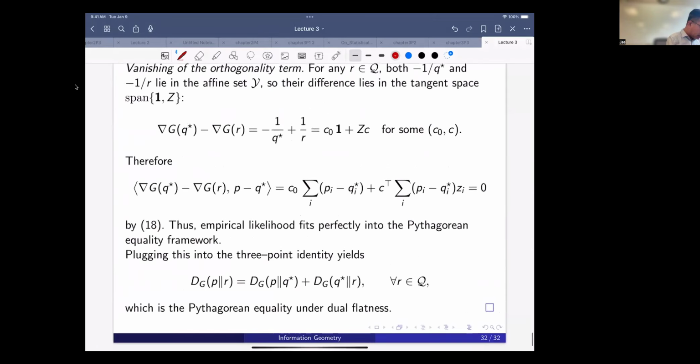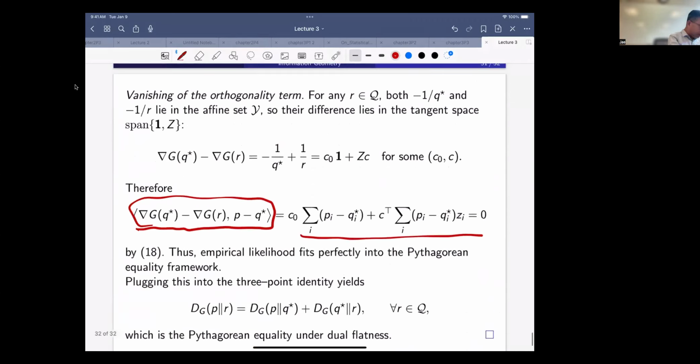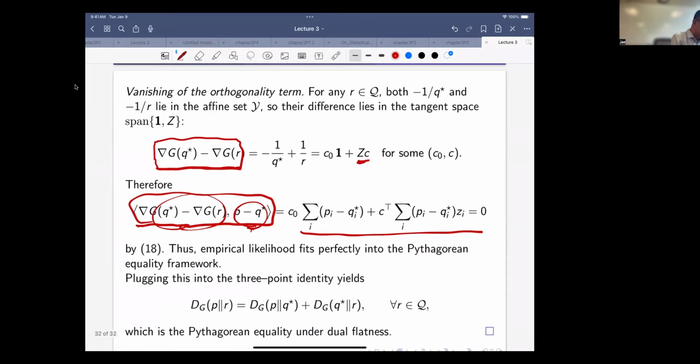And then basically you can check after some algebra that they are orthogonal. So see, this is the kind of thing I like to emphasize. Basically, we want this guy to be orthogonal, right? And so how to do that? Well, you have a sufficient statistic, and this is one. One is just the density normalization constant.